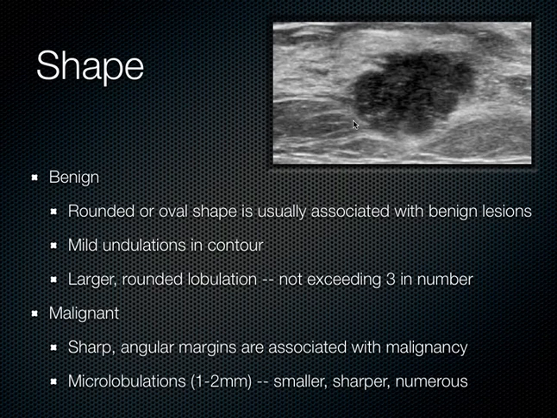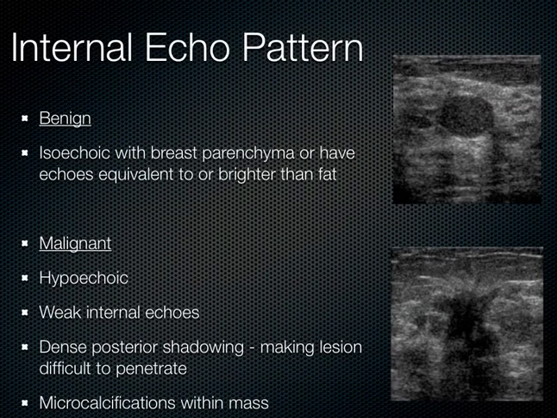However, with malignant masses, you get very sharp angulations and a lot of microlobulations, small, less than 2 millimeters. There's a whole bunch of them, these sharp microlobulations. So if you see that, that's more consistent with something malignant.